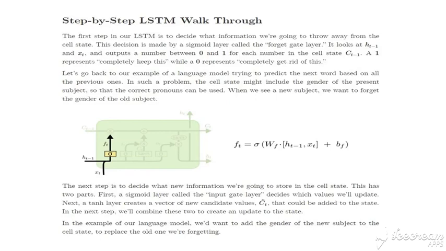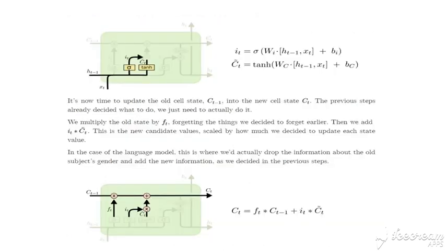So xt is the input, ht minus 1 is the previous hypothesis. Both are passed through a sigmoidal activation function, which is then passed through a multiplicative point operation.